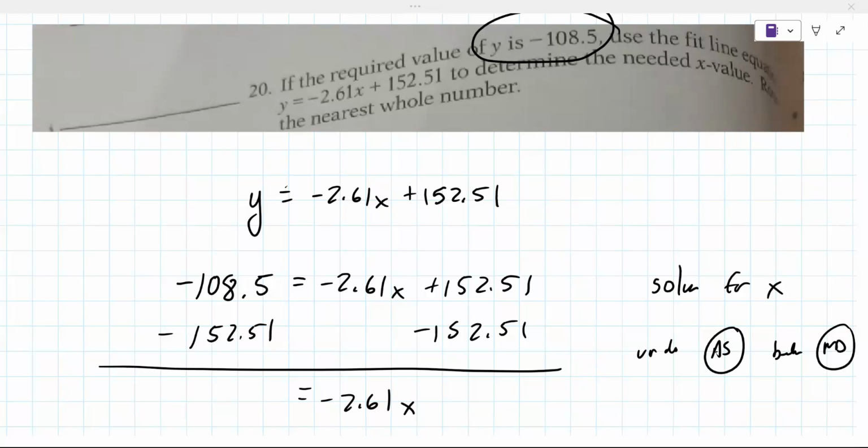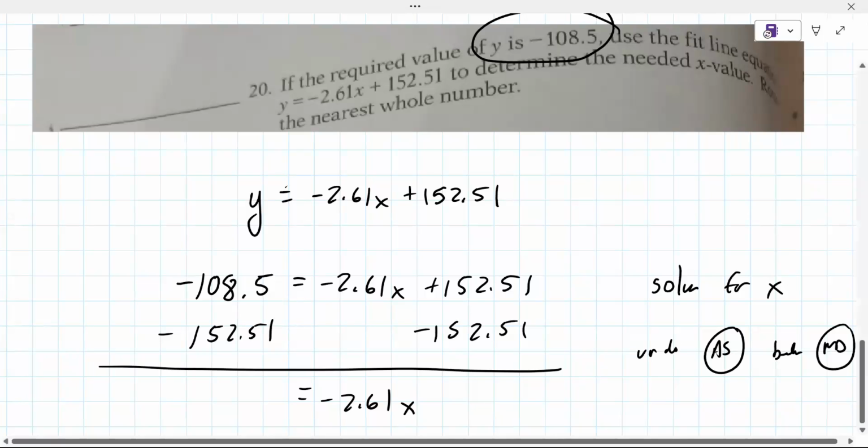I feel like I have this incorrect. Maybe do the calculation a second time. So let me do that one more time. Okay.